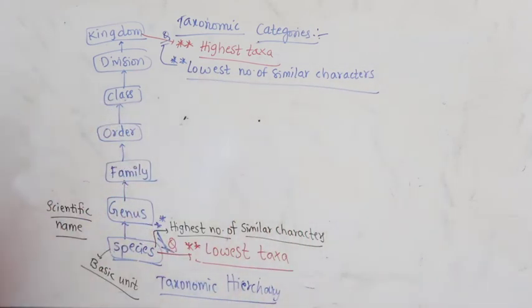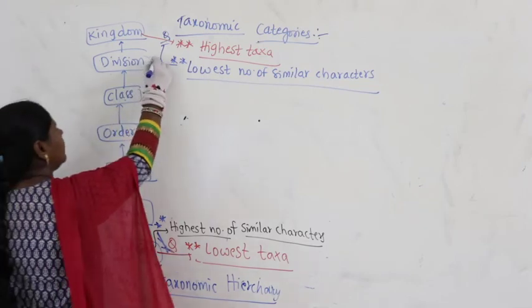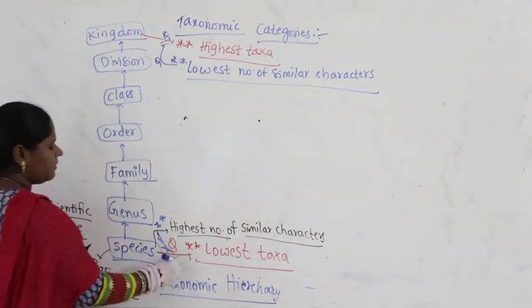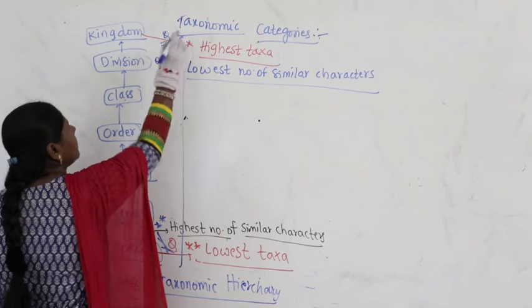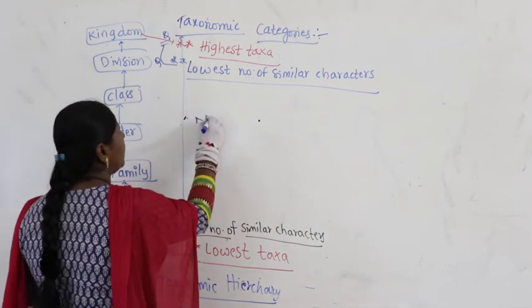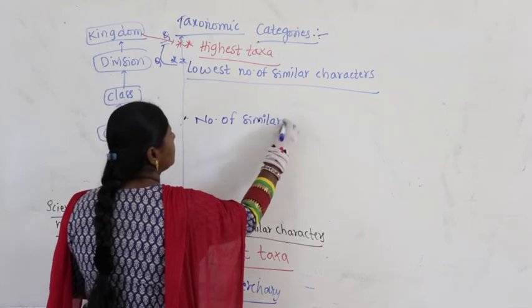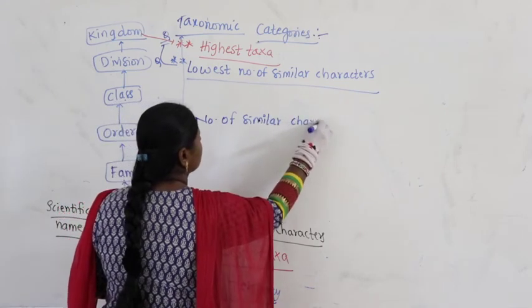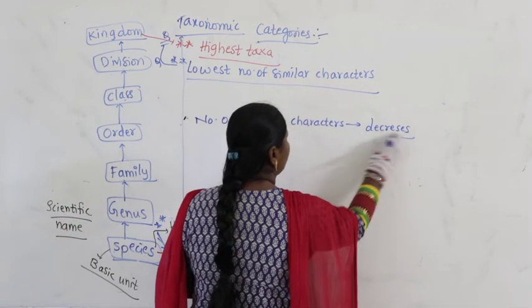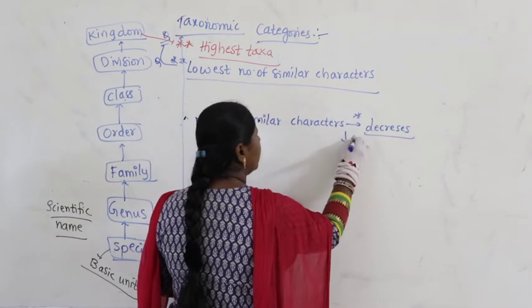These are possibilities of getting questions. That means, as you move from species to kingdom, the number of similar characters decreases.